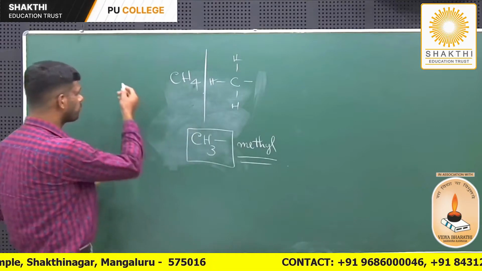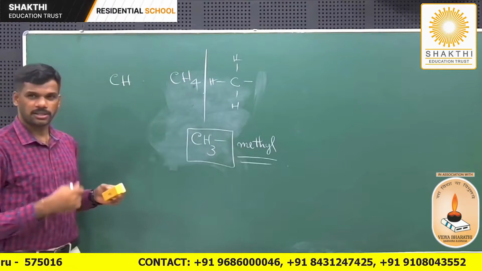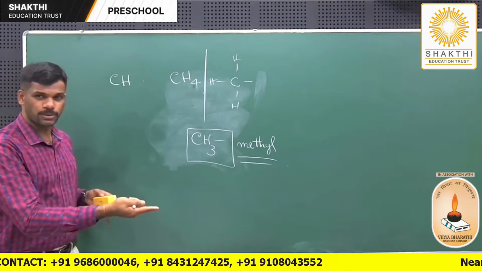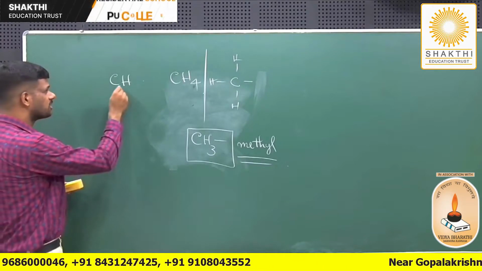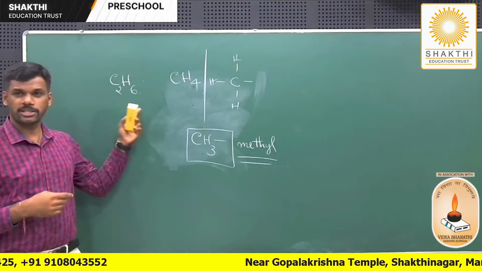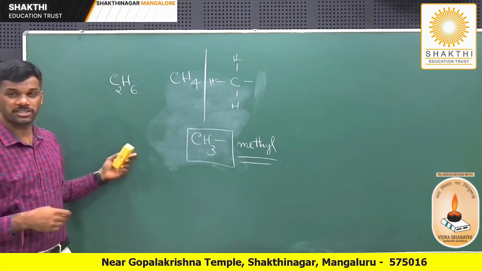You write the programming in this particular way. You know the homologous series. There is a program which is now set in your mind: how to write an alkyl group from the alkanes. C2H6, as you all know, is ethane. How to convert ethane into the ethyl group?